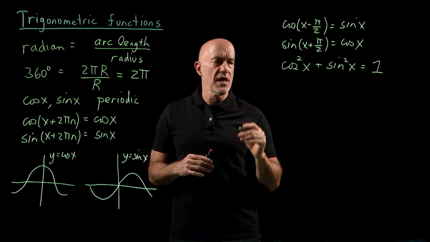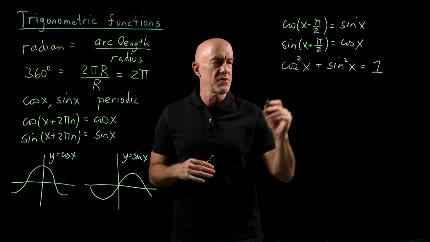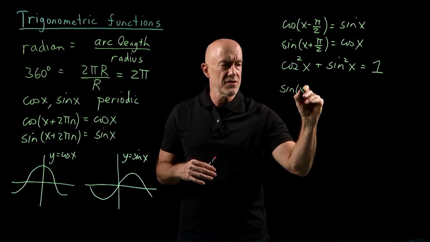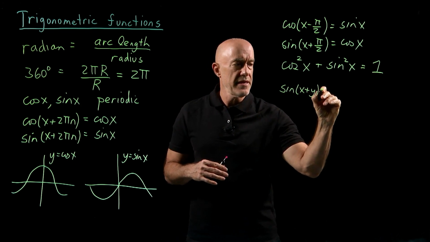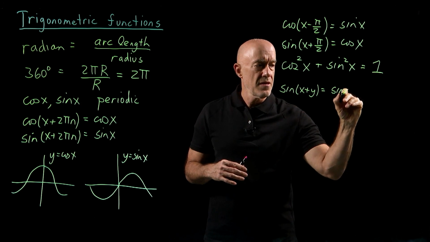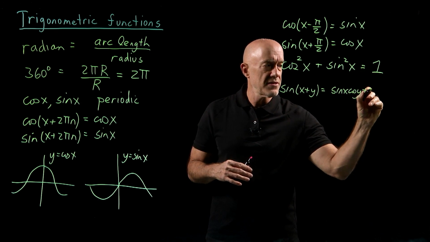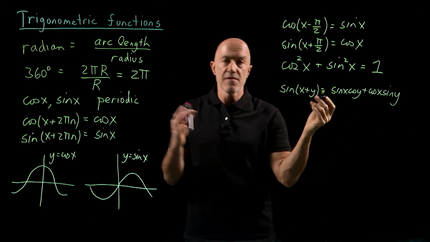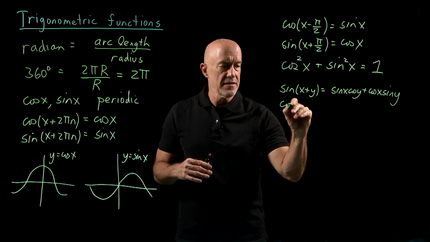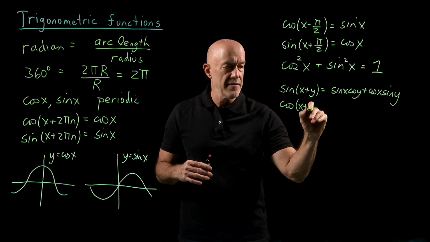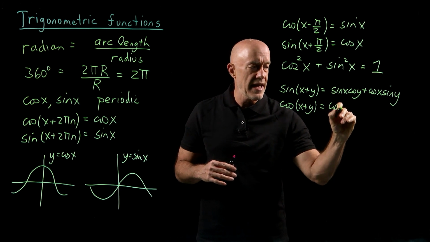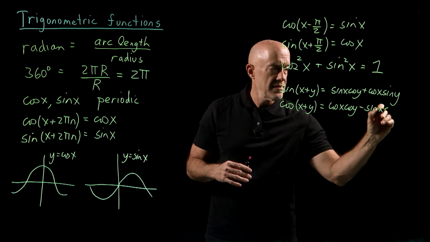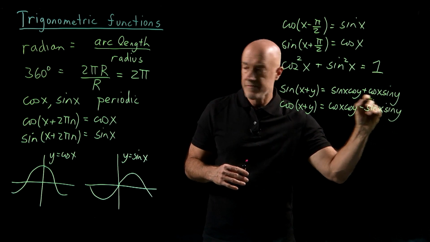The other useful identities are the addition formulas. So sine of x plus y equals sine x cosine y plus cosine x sine y, and the formula for cosine is cosine of x plus y equals cosine x cosine y minus sine x sine y.